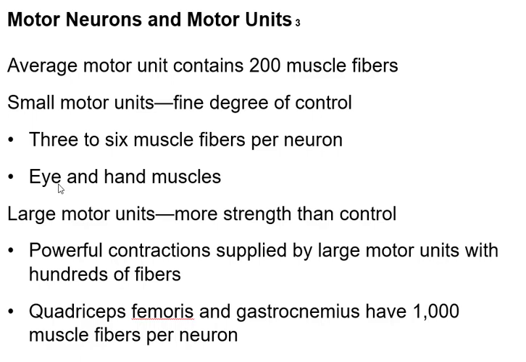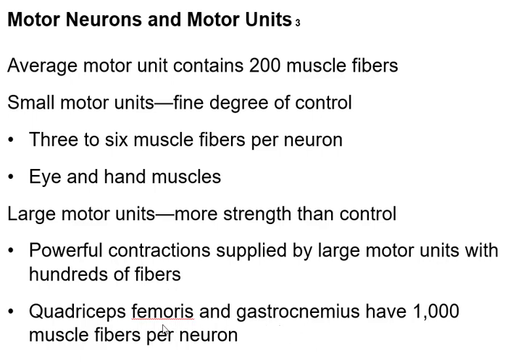This is where you're going to have your eye, because we need quite a bit of control over our eye to be able to see, and then our hand muscles to be able to do the things that we can do with our hands. But in other places, you're going to have large motor units, and what you're interested in there is just strength rather than control. You just need to be able to lift or move things. So you have larger motor units with hundreds of these muscle cells.